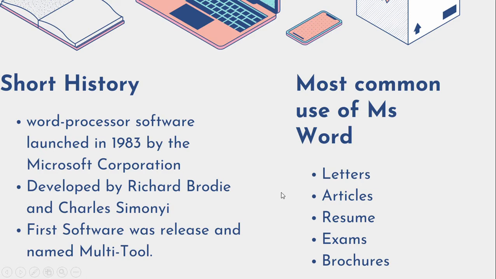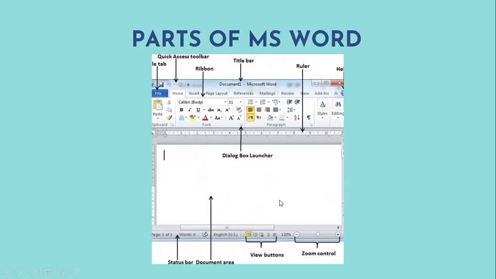Okay, so what are the different parts of MS Word? The most common that we know, we have the ribbon, where you can see the different shortcuts. The title bar, that shows the title of the document, of course, and then the ruler that you can use in order to check the margins and indentions of the document.